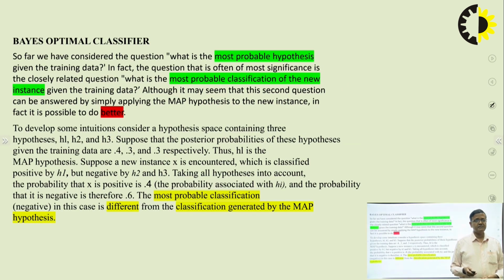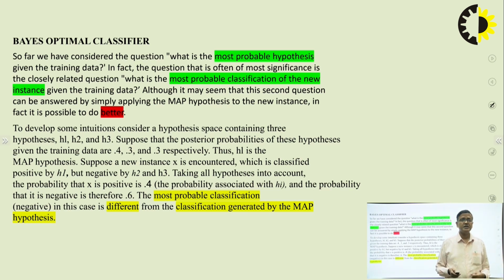So now coming to the topic of the Bayes optimal classifier. So far we have considered the question: what is the most probable hypothesis given the training data? In that process we calculated the two variants, HMAP and HML, which give us the most probable hypothesis.